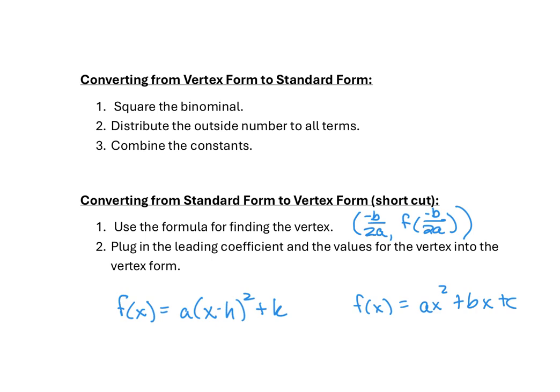From there, we take these two values, our x and y coordinates of our vertex, and our leading coefficient, and plug them into our vertex formula. All right, let's look at some examples and see how this works.